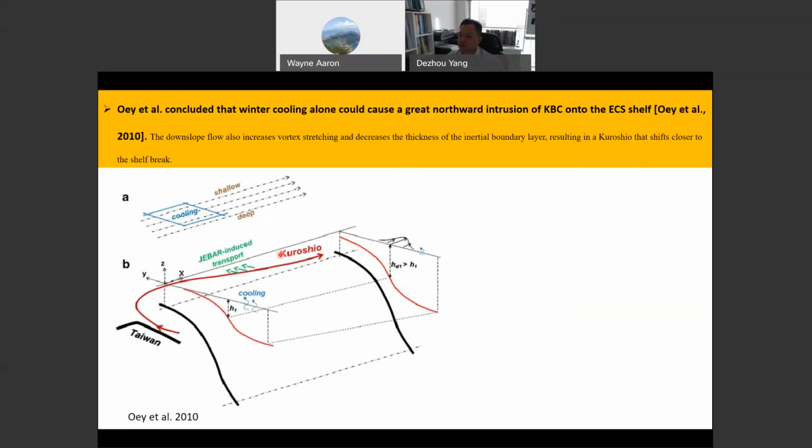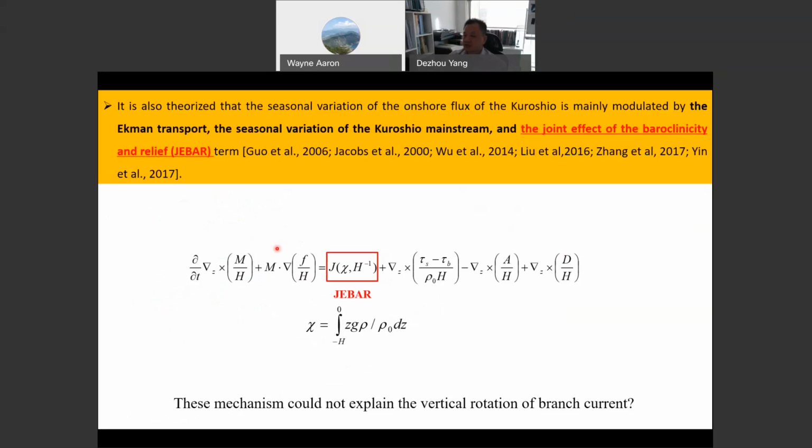And Oey also concluded that winter cooling alone could cause a great northward intrusion of the Kuroshio branch current onto the East China continental shelf. It also theorized the seasonal variation of the onshore flux of Kuroshio is mainly modulated by the Ekman transport, seasonal variation of the Kuroshio mainstream, and the joint effect of baroclinicity and relief, the JEBAR effect.